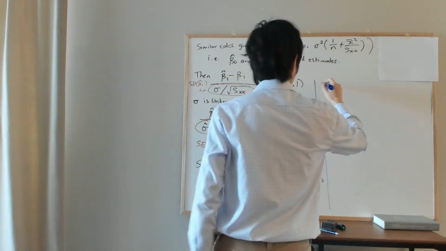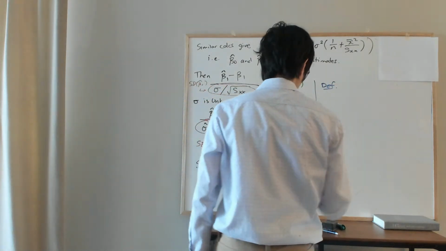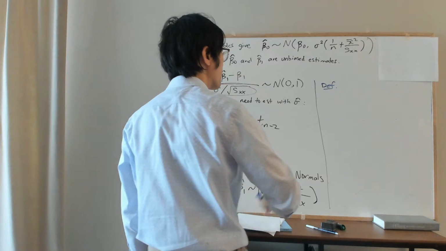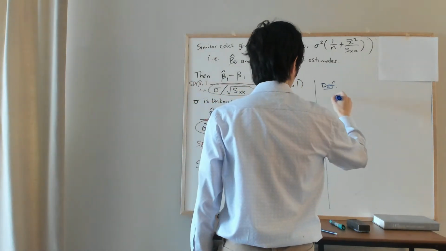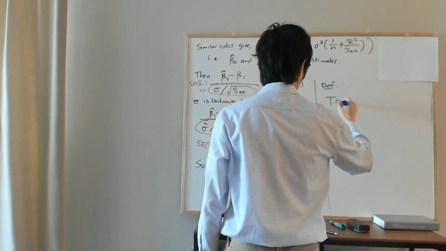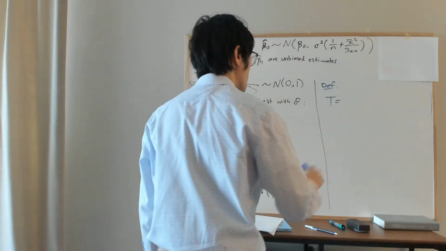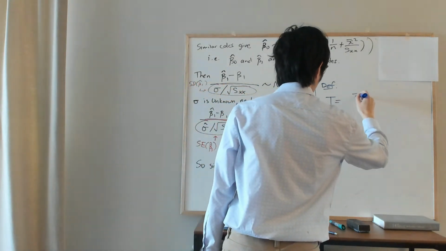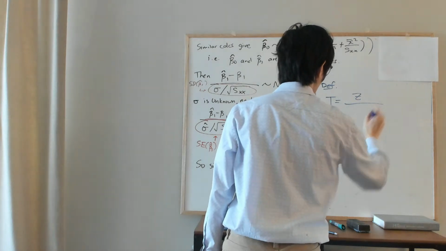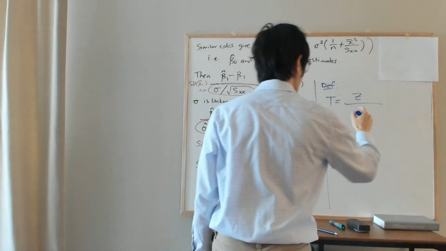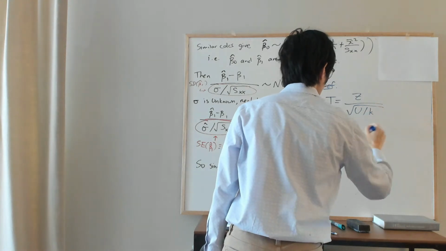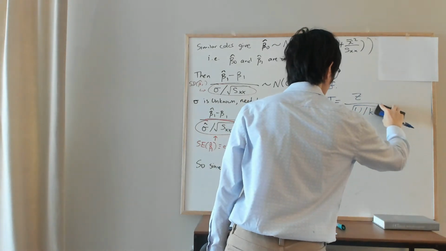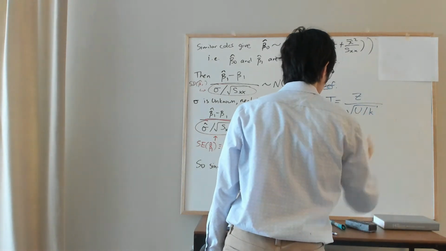Okay, so we construct a random variable using this form. I'll call it capital T. I'm going to construct it by taking a standard normal, and then on the bottom I will divide it by the square root of a chi-square, expressly in this form.